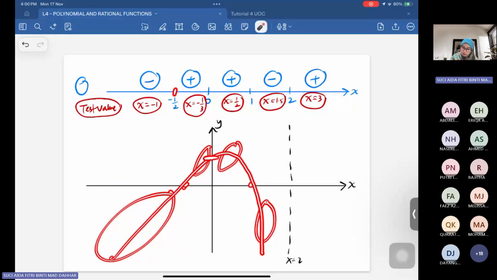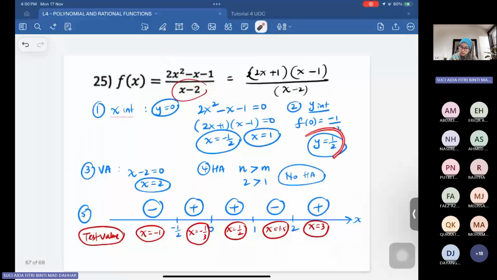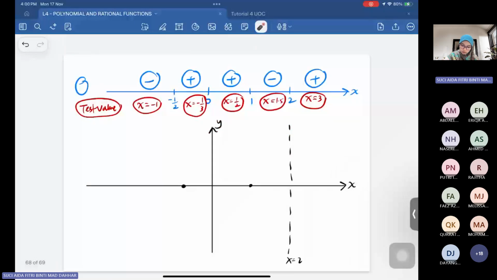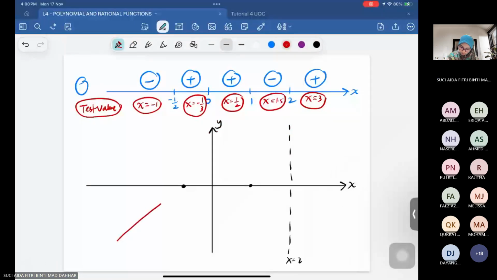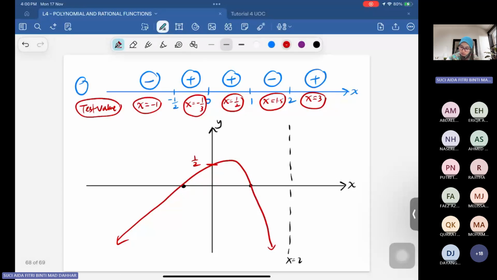Just now you have y-intercept, right? Yeah, that matches. Y-intercept was at positive half. So your graph looks like this, and it cuts at positive half. Meanwhile, the other graph after 2, they are all positive. So there will be another graph up here.